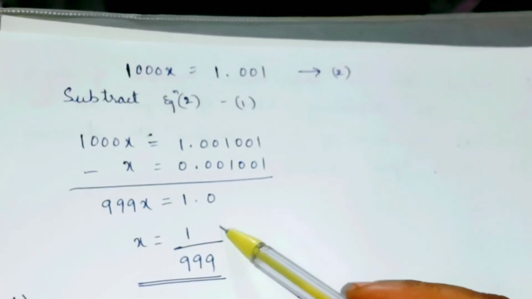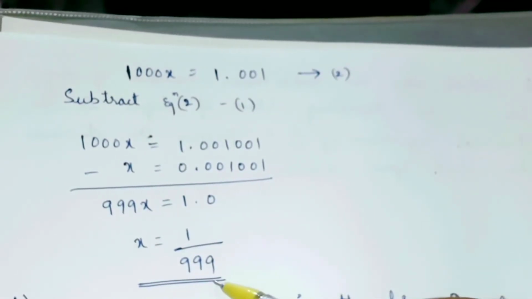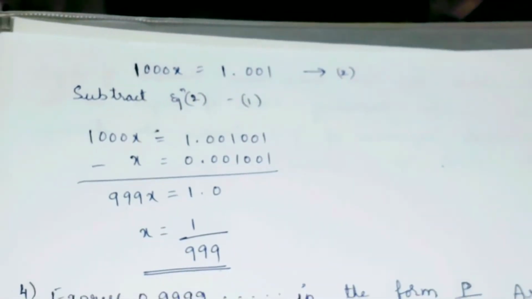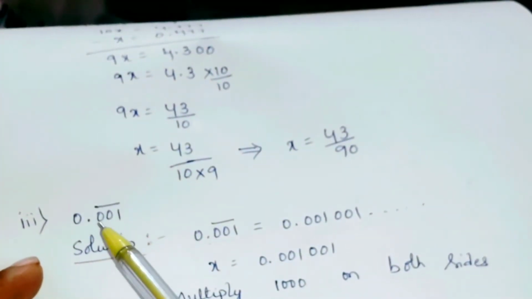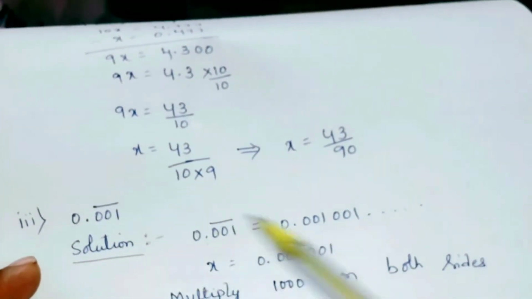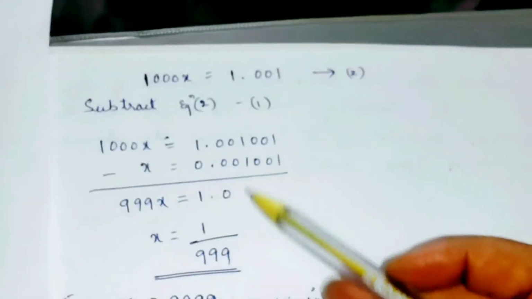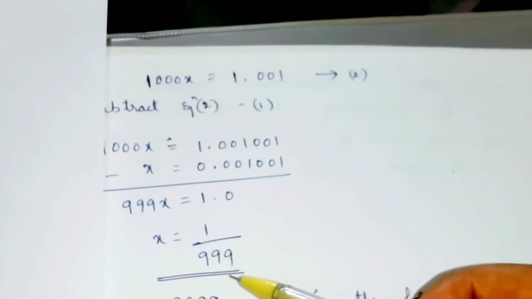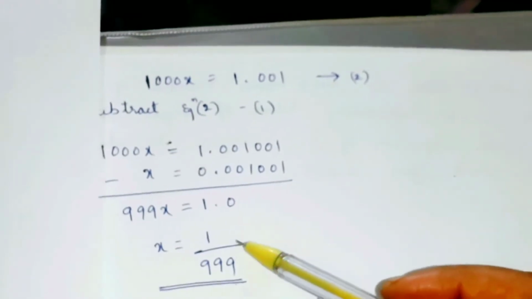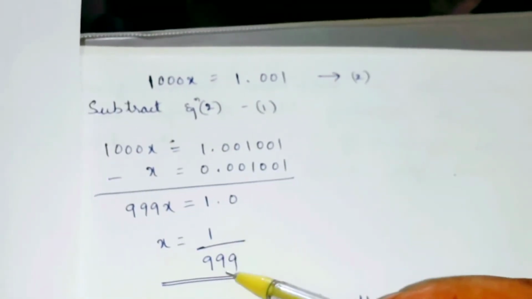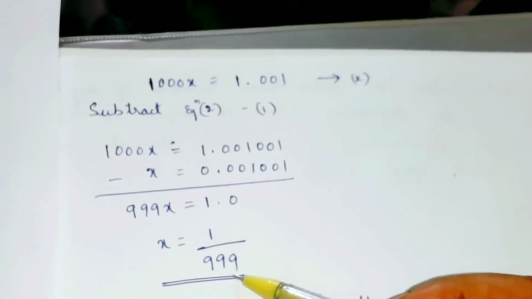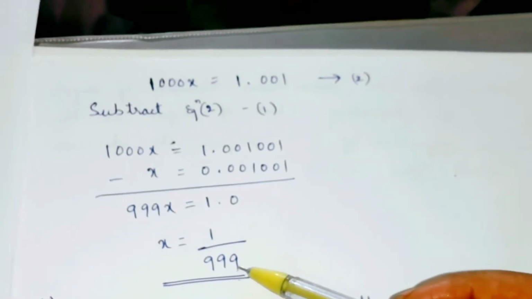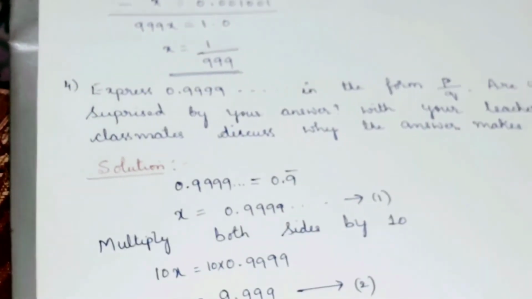Then x is equal to 1 by 999 as an answer. The question 0.001 bar was expressed as 1 by 999, which is in the form of P by Q. Here P is 1, Q is 999.